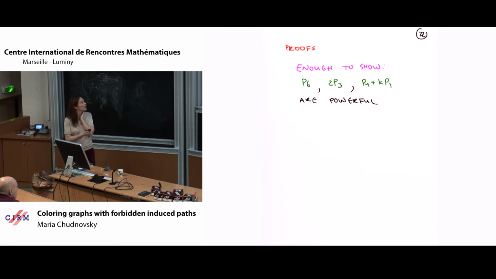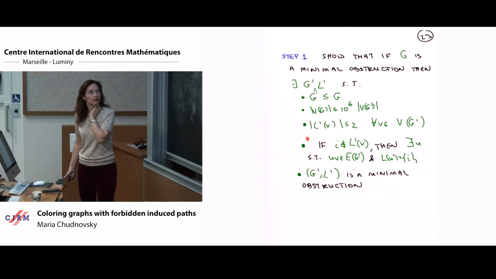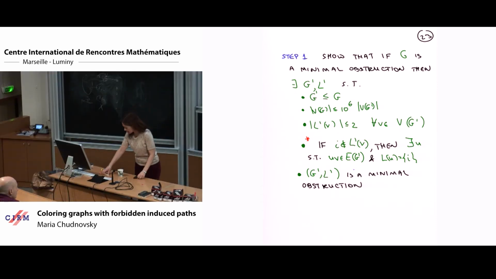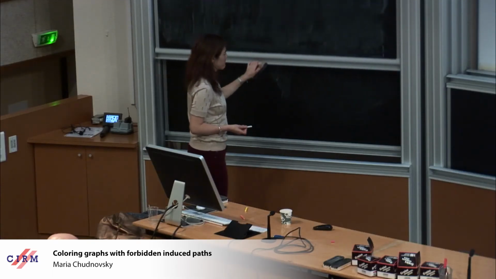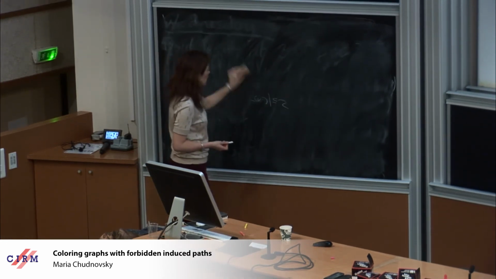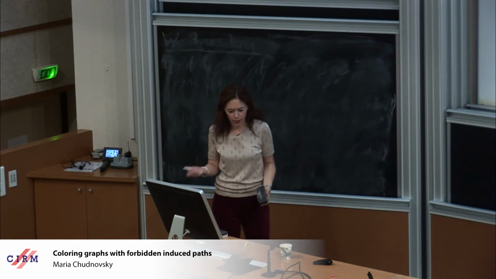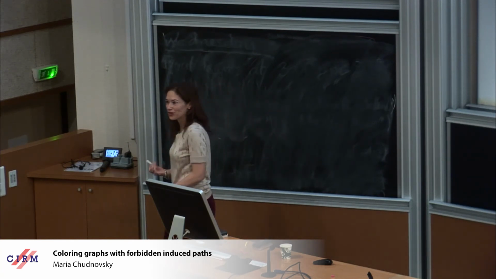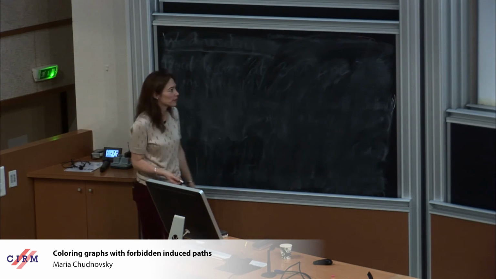Yeah, okay. So there are 2 halves to the proof. The first half is to show that, and from now on I'll just talk about powerful just so that it's easier for me to speak, but actually everything I say applies to least powerful also, and when it doesn't I'll say it.